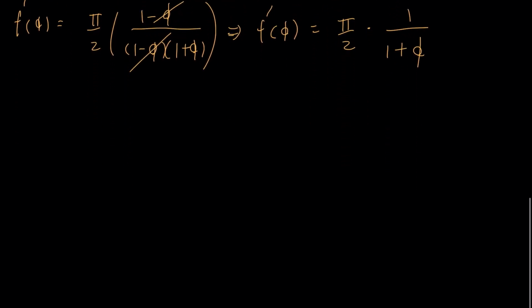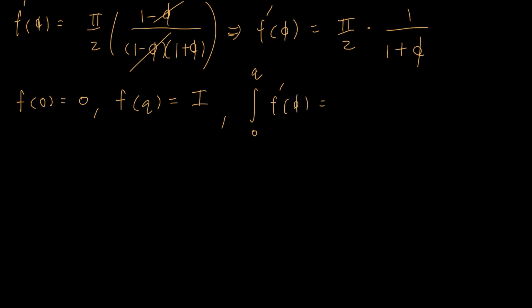As I said in the beginning of the video, f of 0 is 0 and f of q is the integral we want. So if we integrate from 0 to q on both sides, we have pi over 2 times the integral from 0 to q of 1 over 1 plus phi d phi.